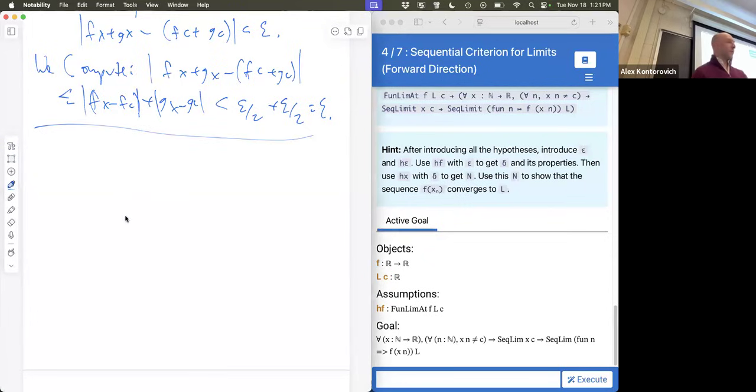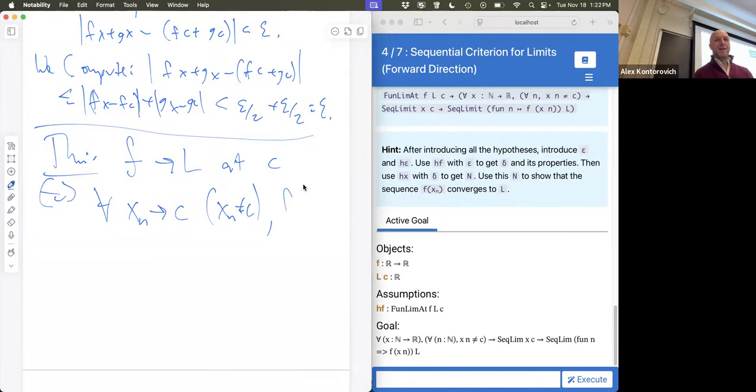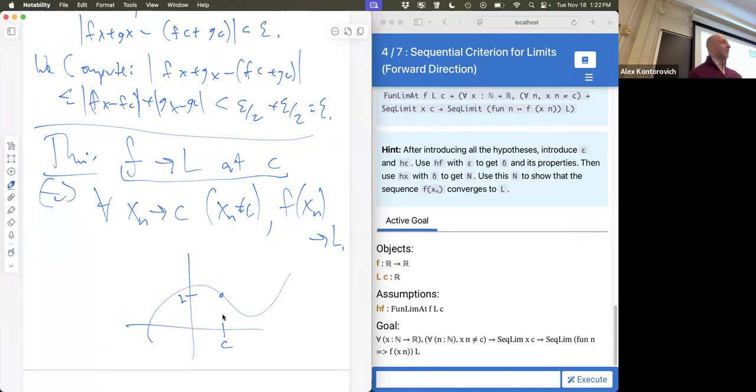This is one of the most wonderful things in mathematics. So theorem: f goes to L at C if and only if, we're only going to prove one direction, for all sequences xn converging to C and xn never equaling C, f of xn, which is now a sequence, converges to L. So what's going on is we have a function, a point C and a value L. This kind of convergence is continuous convergence.